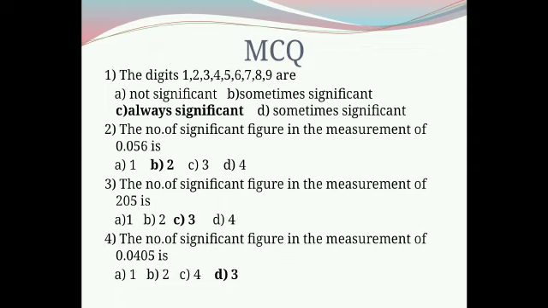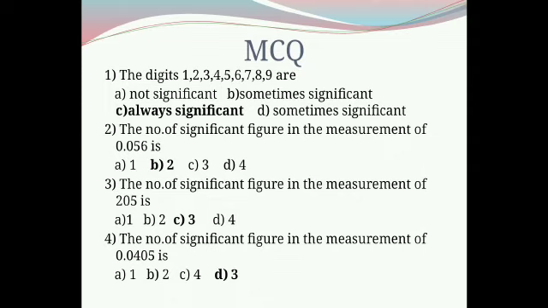Third question is the number of significant figures in the measurement of 205. Here the answer is C, 3, because 0 comes in between two non-zero numbers, and therefore in 205, these 3 digits are considered significant figures.